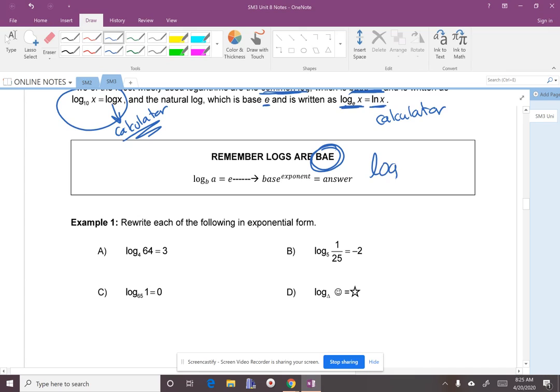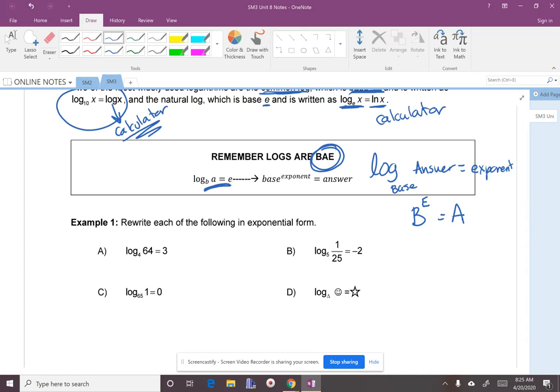So log of your base, answer, equals your exponent transforms into: b is the base, e is your exponent, and a is your answer. So when it's in log form, it needs to spell BAE. B stands for base, A stands for answer, and E stands for exponent.